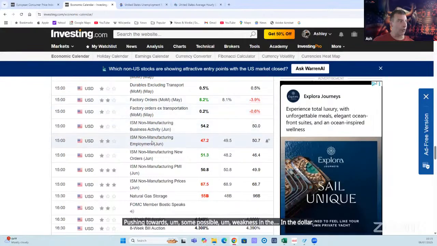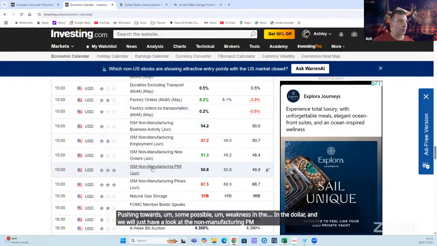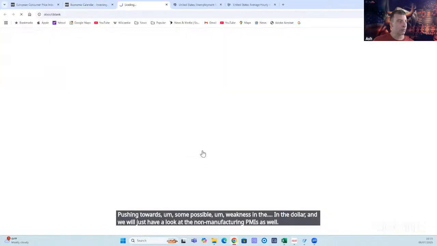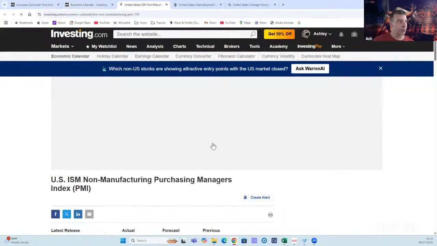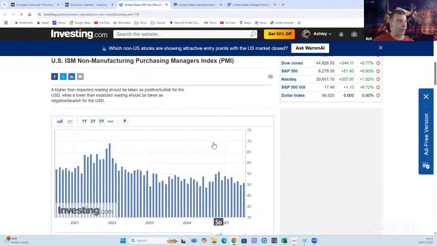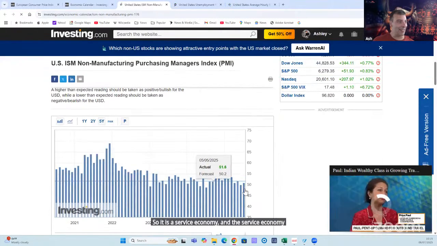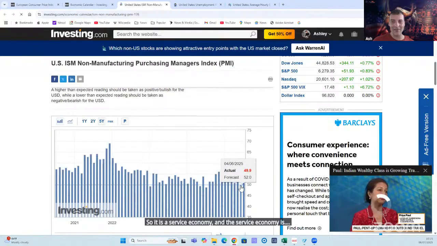We will just have a look at the non-manufacturing PMIs as well. So it is a service economy, and the service economy is halting along at that point.